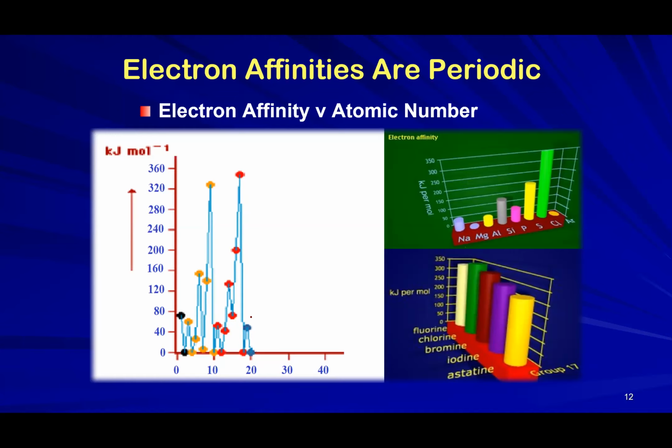And for the noble gases, we don't have electron affinities. Why? Because they do not tend to react. And if they did have electron affinities, these could be highly endothermic, meaning they would be very positive because you would be required to force a lot.